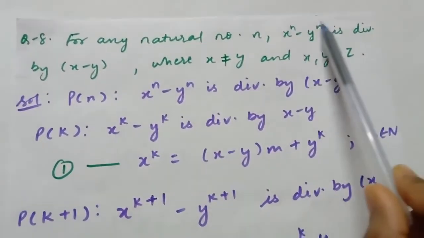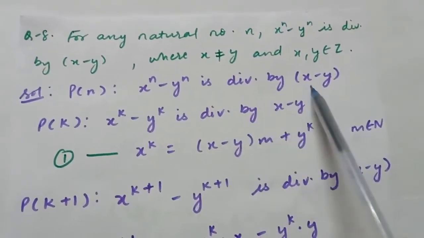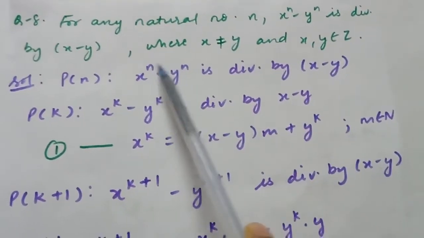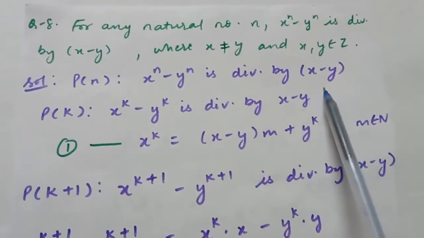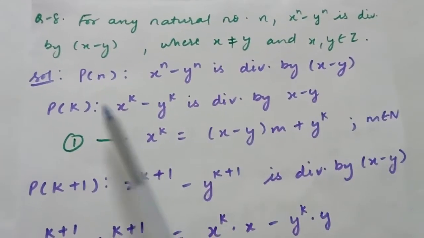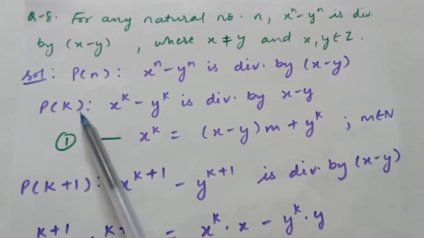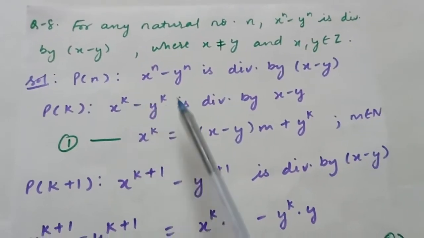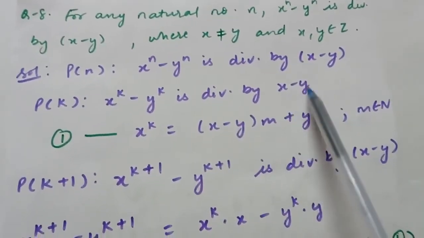So first of all, let this be Pn, that this is divisible by x minus y. For n equal to 1, you can check it. In place of n, when you put 1, this will become x minus y, which is divisible by x minus y, right? Now assuming for Pk, you have to write all the statements. I am skipping them. So Pk will be x raised to the power k minus y raised to the power k is divisible by x minus y.